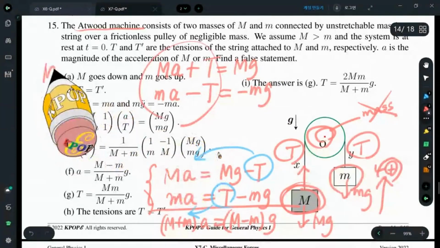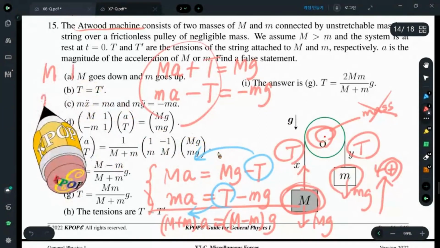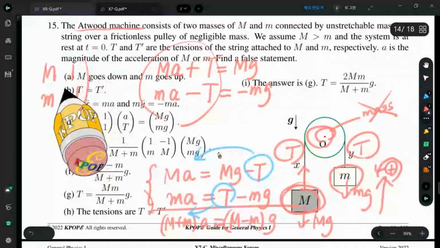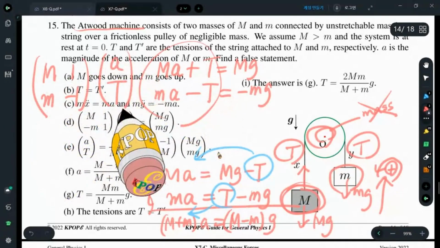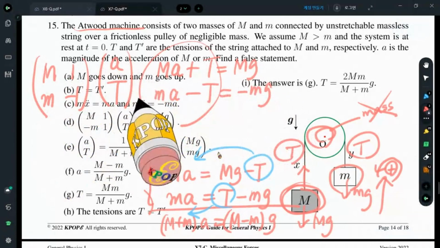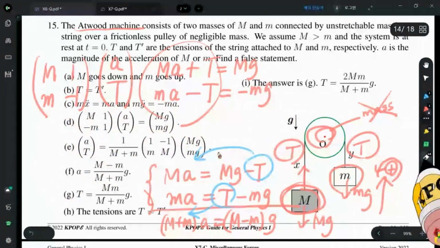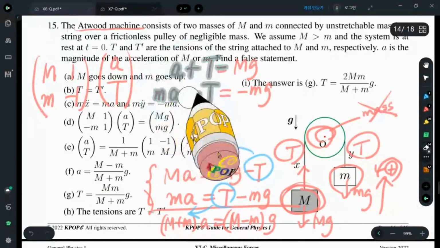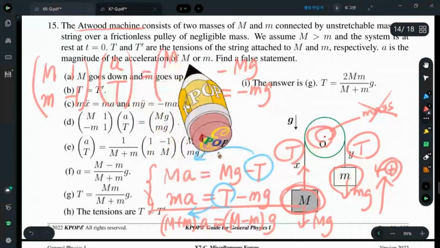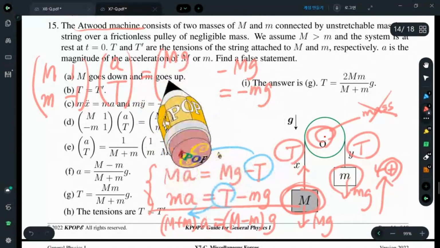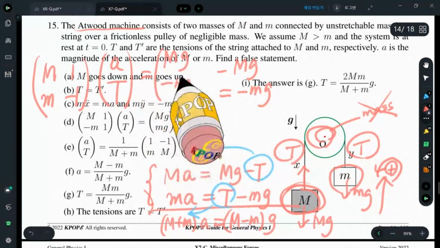This is a product of a matrix with a and T, and the right-hand side is Mg and minus mg.